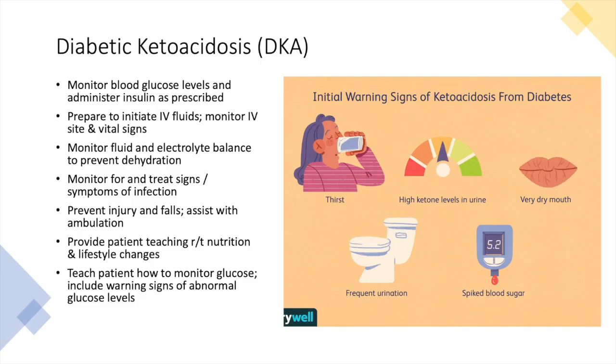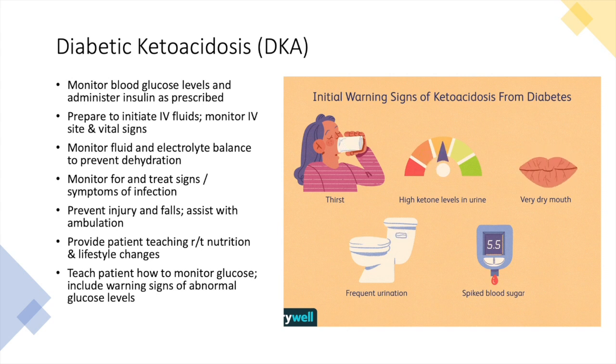DKA is diabetic ketoacidosis. That is an emergency event, a serious complication of diabetes that occurs when uncontrolled blood sugar rises and the body really can't produce enough insulin to regulate it. Essentially what happens is the body begins to break down its own fat cells because it needs that energy.